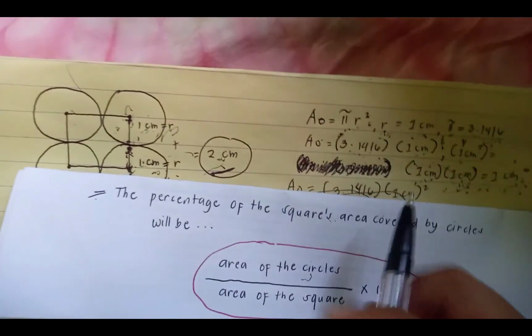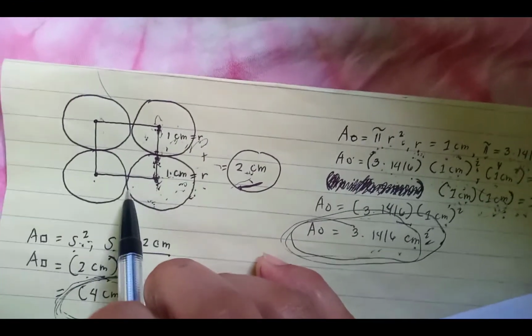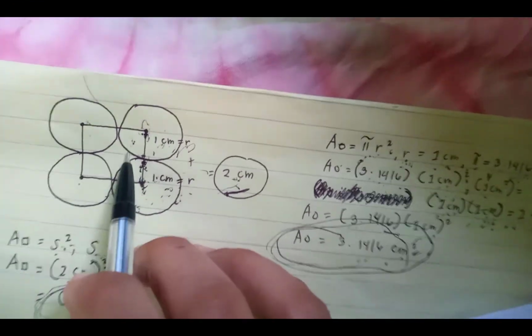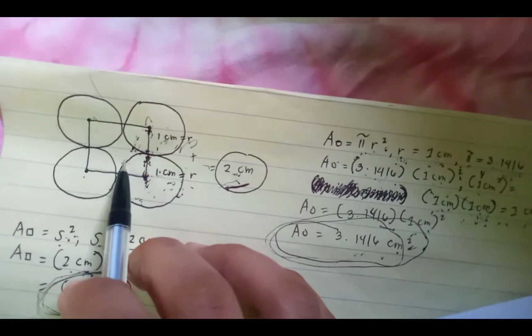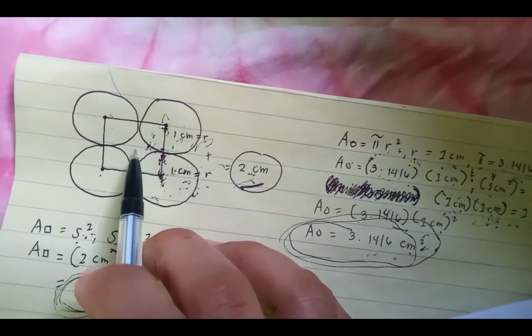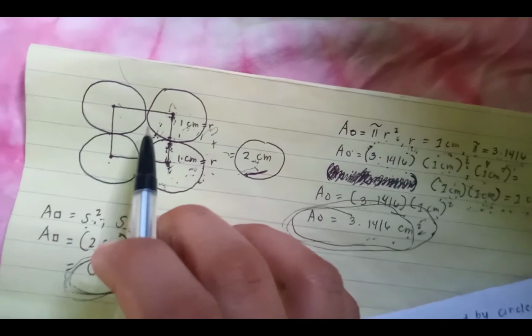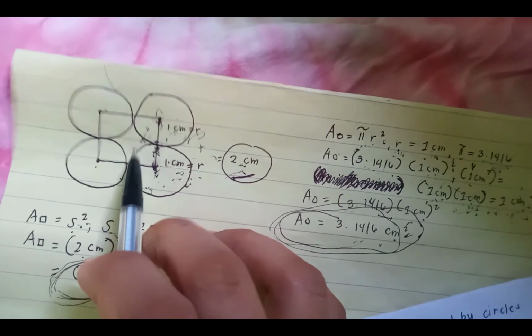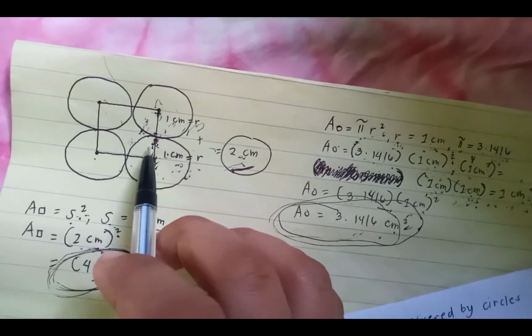Let's begin with the area of the circle. So we go back to this illustration to count how many circles we can inscribe and fit in this square. Let's count first how many quarter sizes of our circle are inside the square. We have 1, 2, 3, and 4.